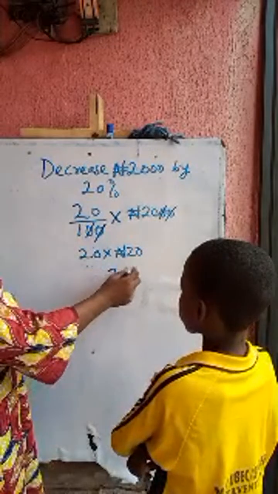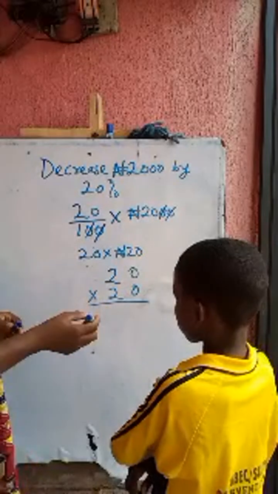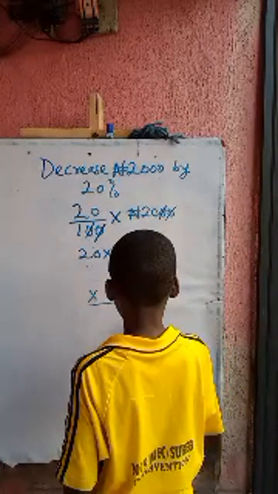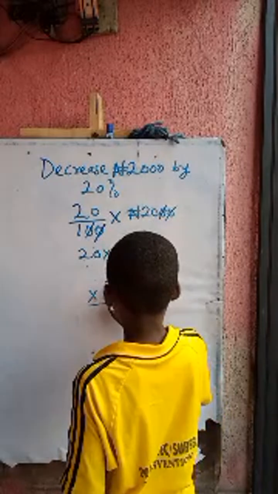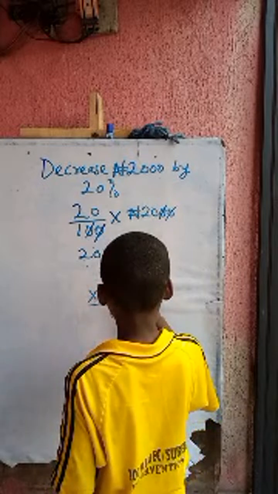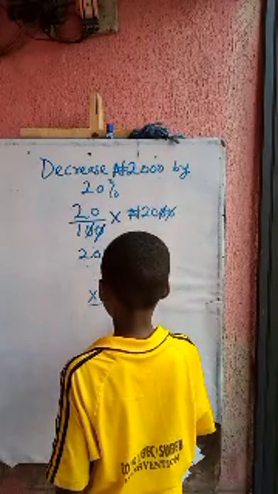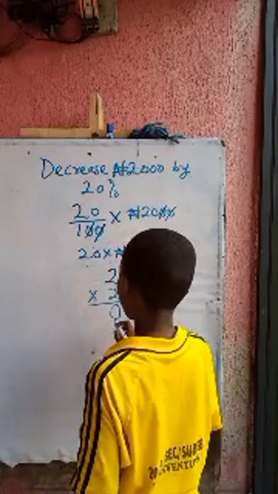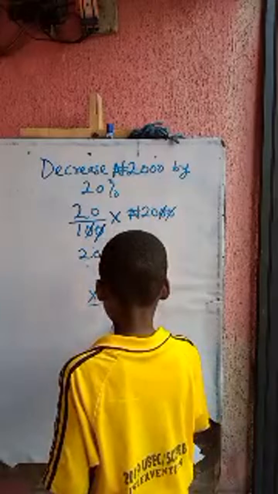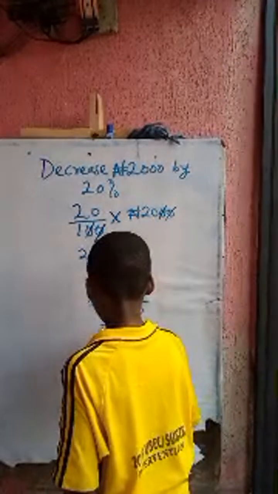Will you multiply it for us? Yes. 0 times 0 is 0. 0 times 2 is 0. Anything multiplied by 0 is 0. Then 2 times 2 is 4.